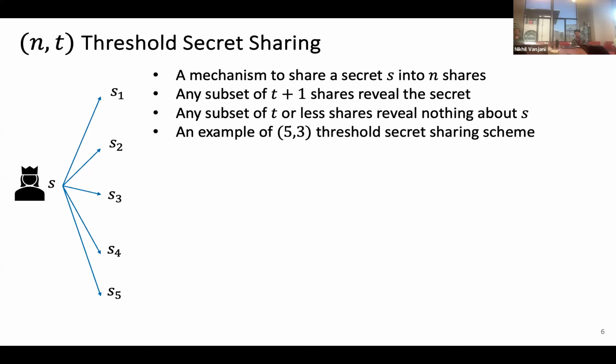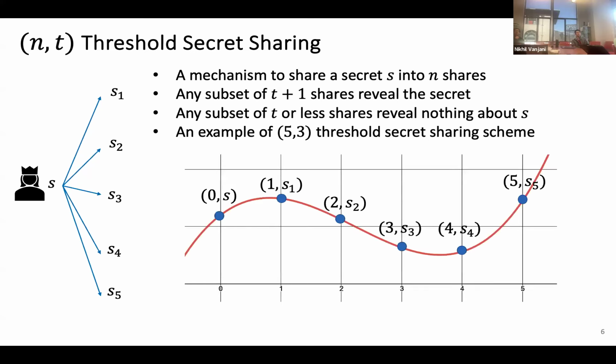The classic example is Shamir secret sharing, where we embed the secret as the constant term of a low degree polynomial. Each share is one evaluation point on the polynomial, so each party gets one evaluation. It's easy to see that if the polynomial degree is T, then T plus 1 points are sufficient to reconstruct the whole polynomial and hence the constant term as well. Any questions?